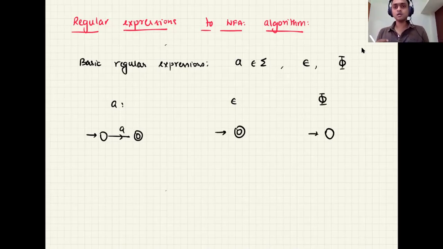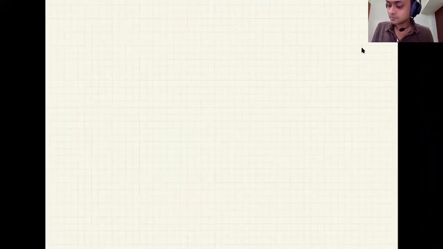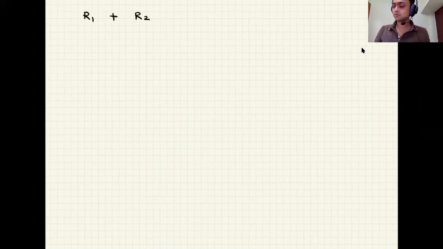Good. So now we have more complex regular expressions. How do we build complex regular expressions? There is R1 plus R2. Let me start with R1 plus R2.